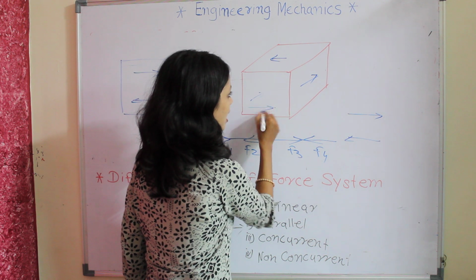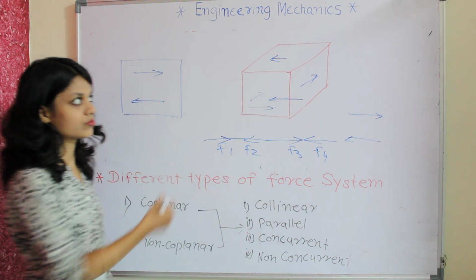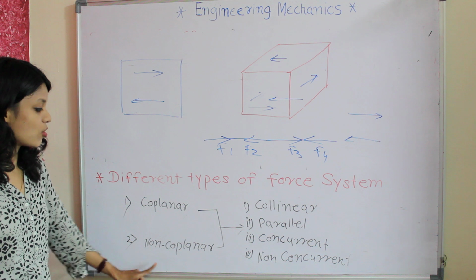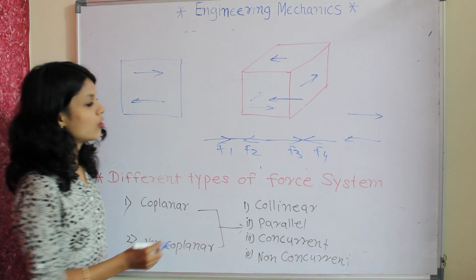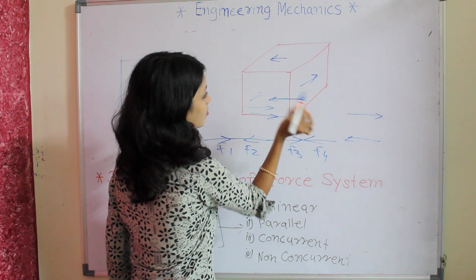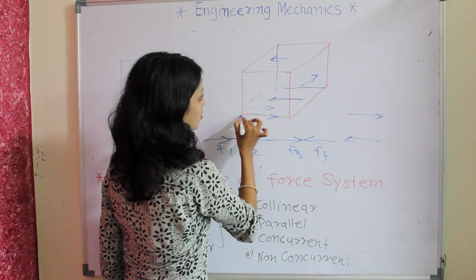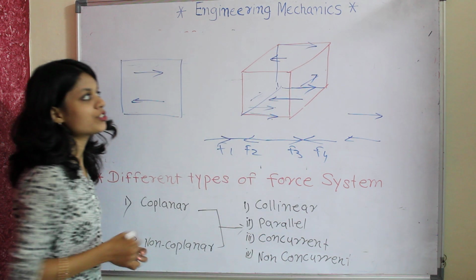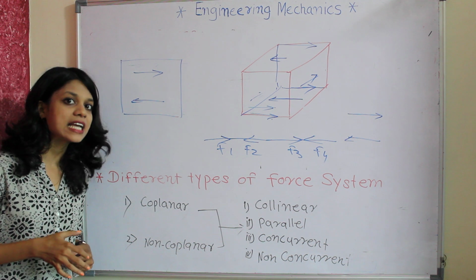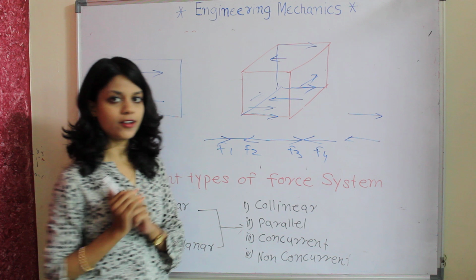For example, one force here, another at that side, and a third here. These forces are parallel to each other but do not lie in the same plane, so they are called non-coplanar parallel forces.